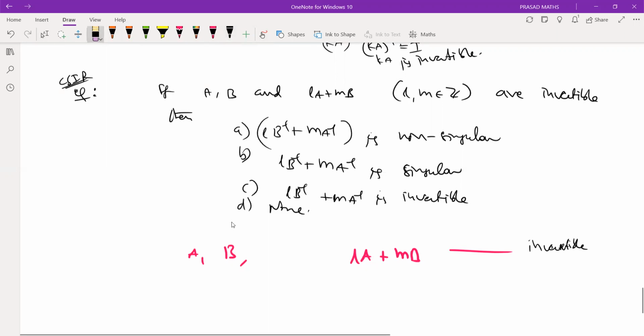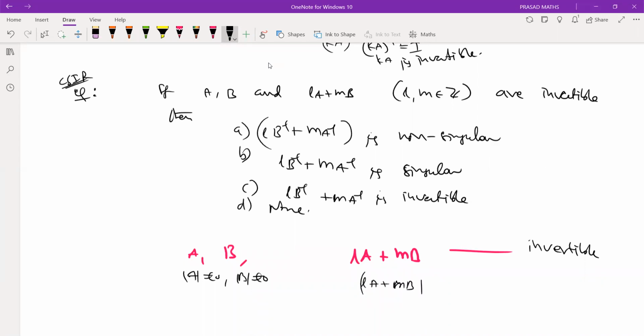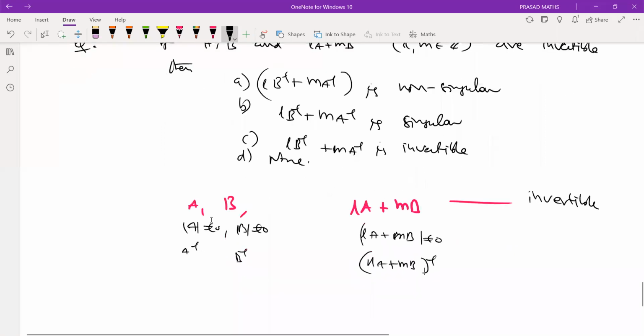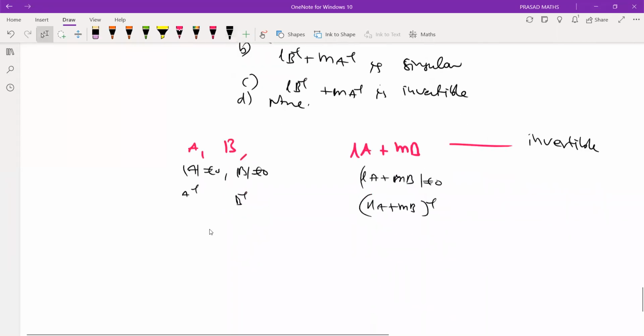Invertible means, as I told you, det A is non-zero, det B is non-zero, and this det is also non-zero. That means A inverse exists, B inverse exists, and LA plus MB whole inverse also exists. All of them exist. Now, what are the options?